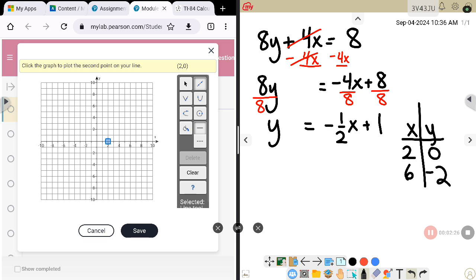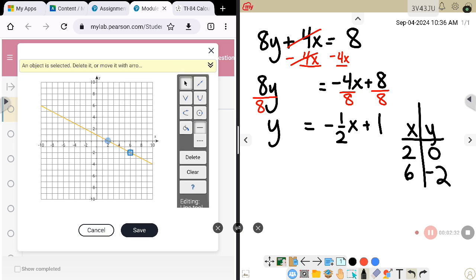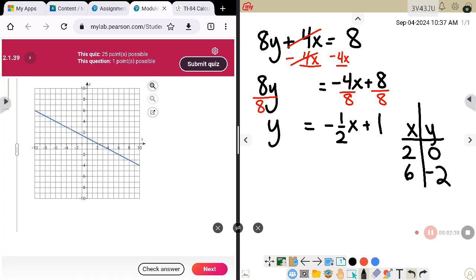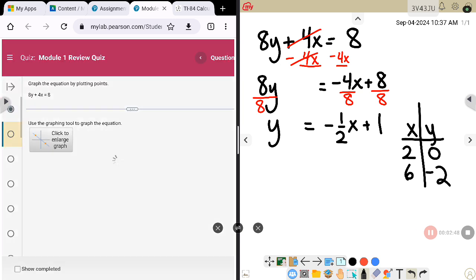And the next point is at 6, negative 2. So to the right 6 and down 2. And MathLab is going to connect the points to draw the line. Now, since this is a review, it doesn't tell you after each and every problem if you got it right or wrong. So you just have to go straight to the next problem.